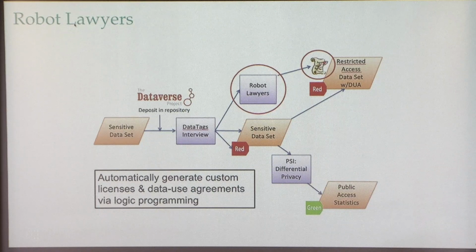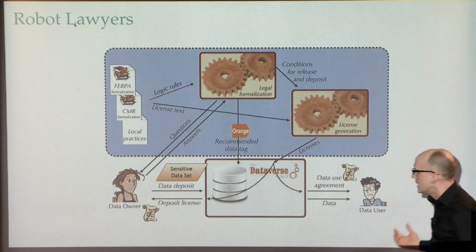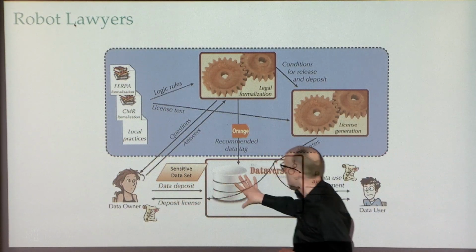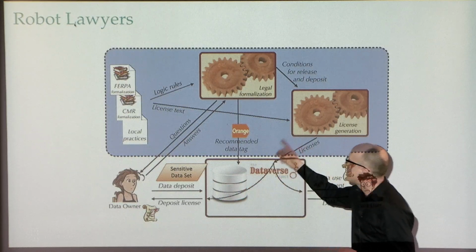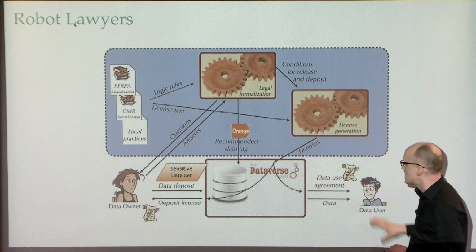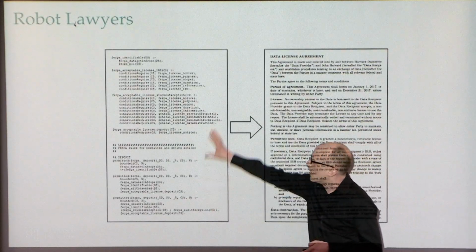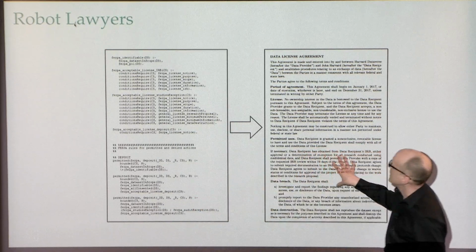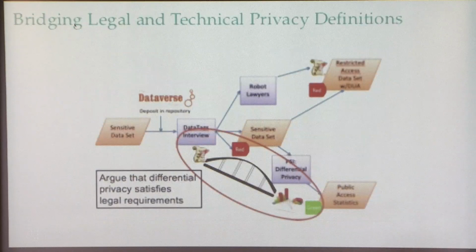So there is a project to try to automate that called Robot Lawyers, which takes in another set of interviews with the owner of the data and the repository that it's being stored to, to understand what the logic rules would be for processing that data, and spits out in a more automated fashion a data use agreement. So a series of logical rules about what's permitted on the data set can translate into a license agreement in a way that expedites that process.